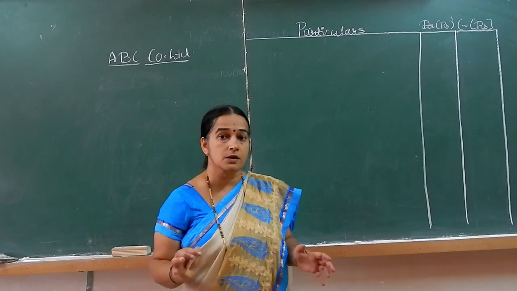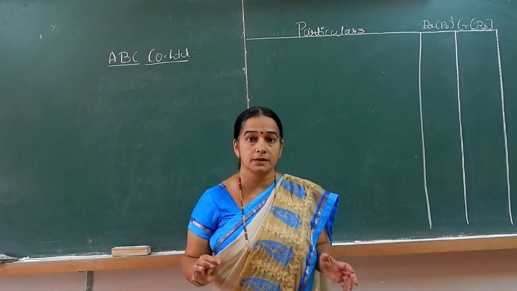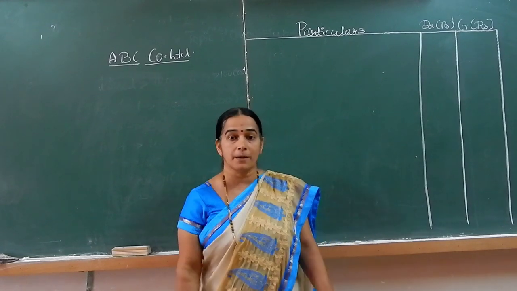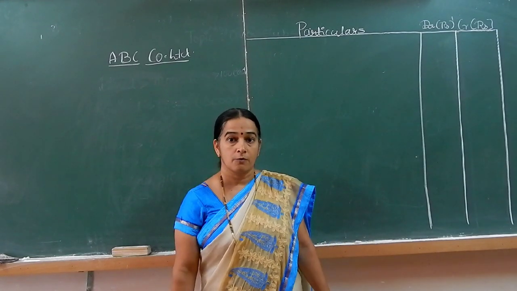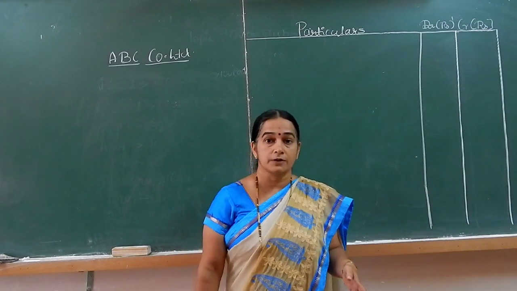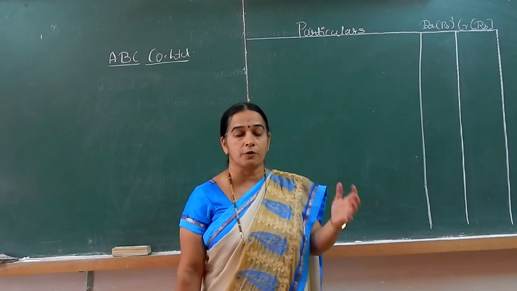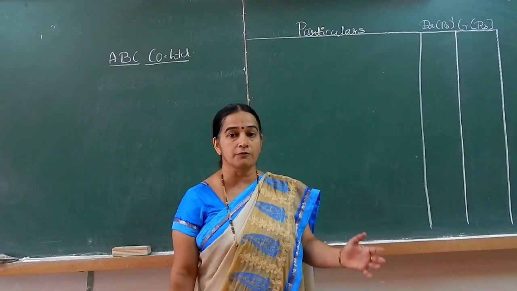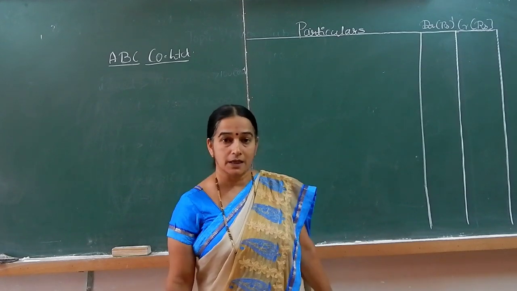Usually oversubscription will happen when there is a great demand for the company's shares. Demand is created when the company earns more profit, because then the good name or goodwill of the company will increase.